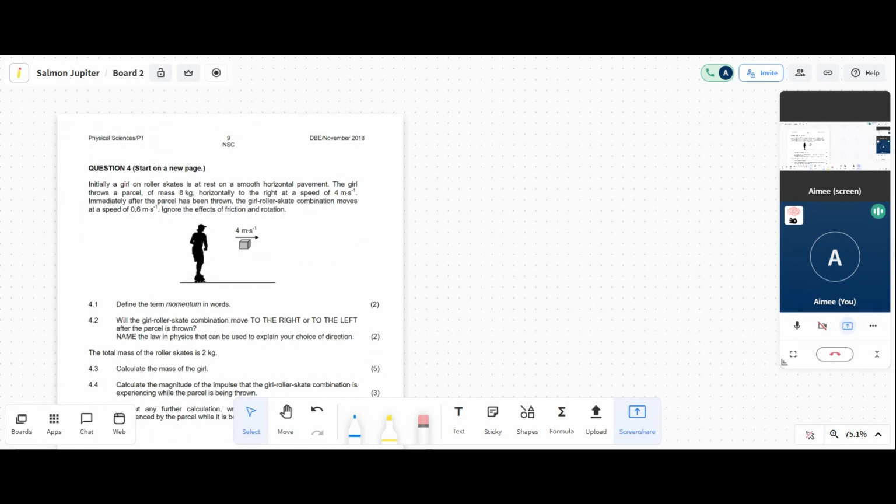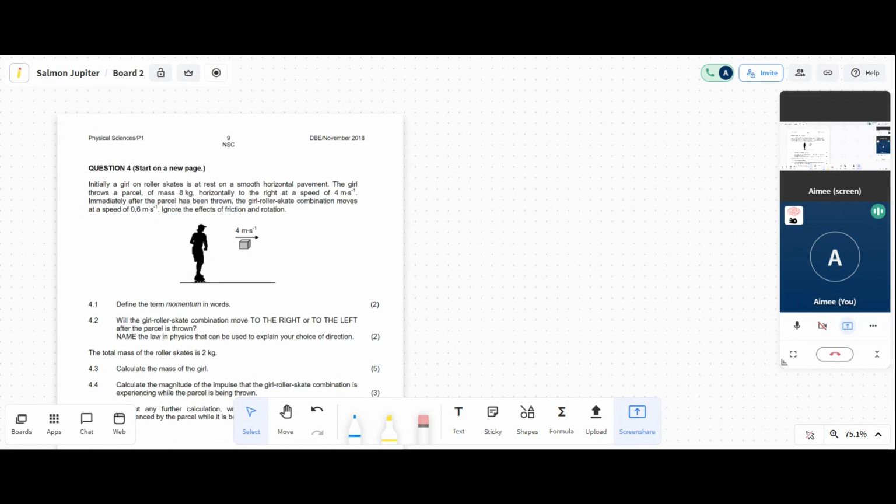Question 4 says, initially a girl on roller skates is at rest on a smooth horizontal pavement. The girl throws a parcel of mass 8 kilograms horizontally to the right at a speed of 4 meters per second. Immediately after the parcel has been thrown, the girl roller skate combination moves at a speed of 0.6 meters per second.